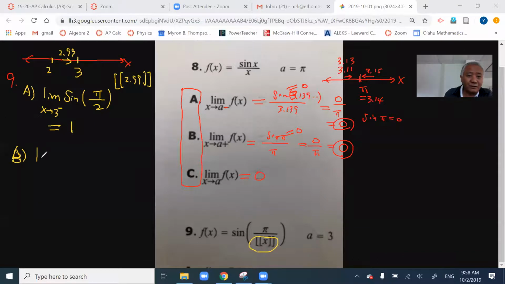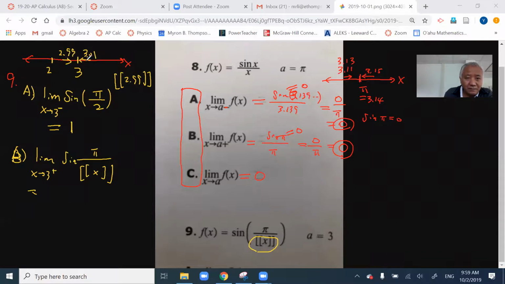But if you go to the b, you want the b here. If you find the limit as x approaches 3 from the right side, sine pi over the greatest integer of x, like this, right? When you do that, this one can go this way, like 3.01.